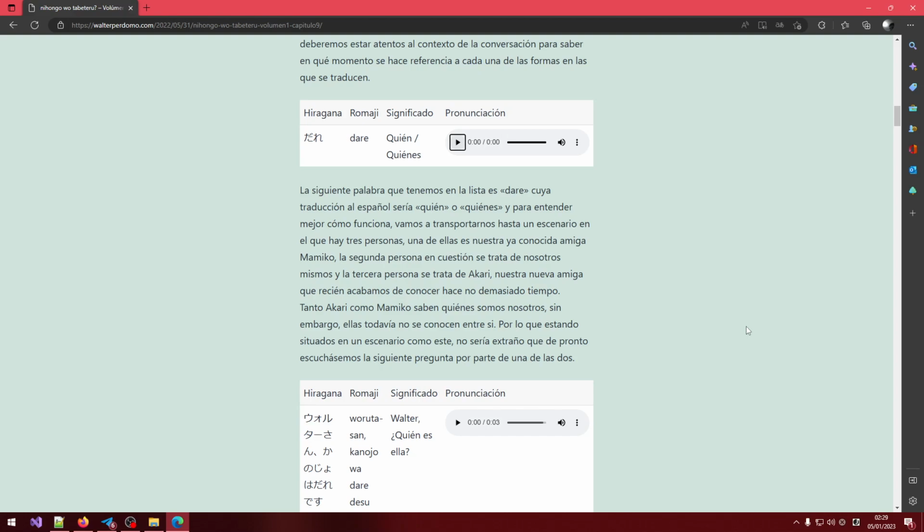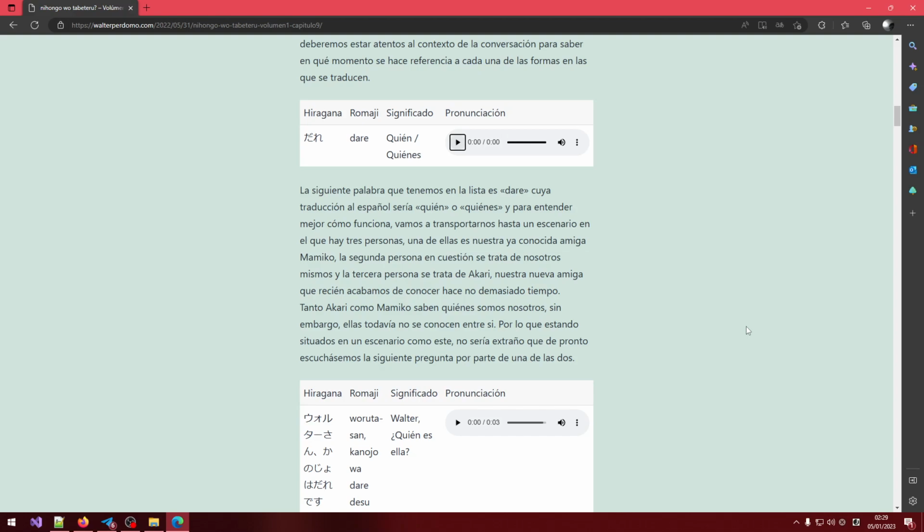Okay, now to understand how this works, we are gonna set up a scenario. In this scenario there are three persons: Mamiko, Akari, and of course, ourselves.